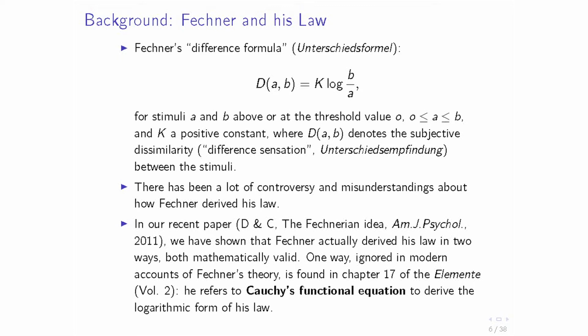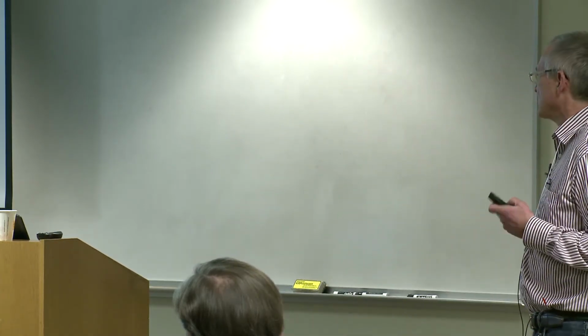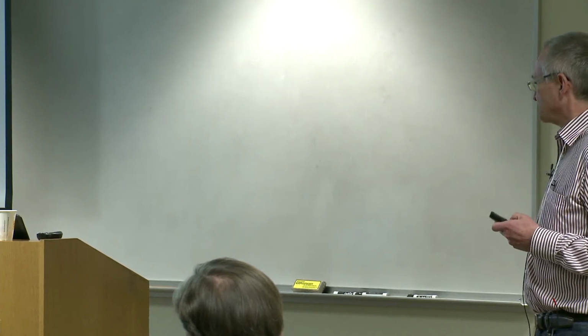And actually what he explicitly writes there is a reference to Cauchy's functional equation. And he derives the logarithm by applying the Cauchy functional equation. Maybe not in that much of a rigorous way people would do it today, but still quite explicit.